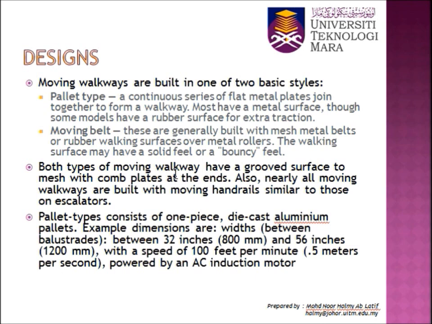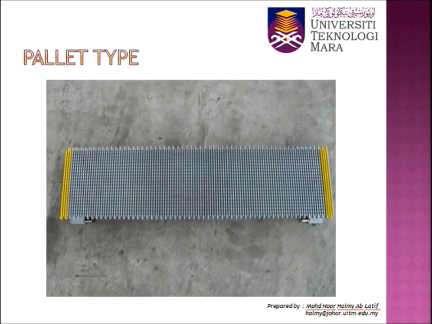Pallet type consists of one piece die-cast aluminium pallets. Okay. Example dimension are between balustrades between 32 inch and 56 inch. With a speed of 100 feet per minute, powered by an AC induction motor.